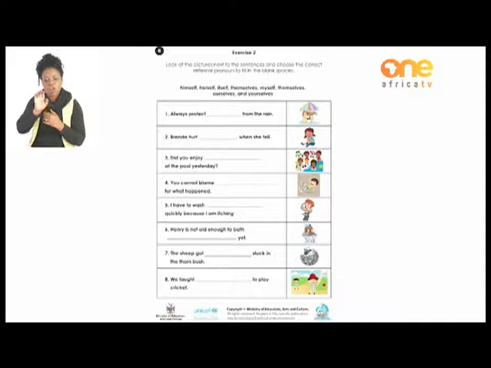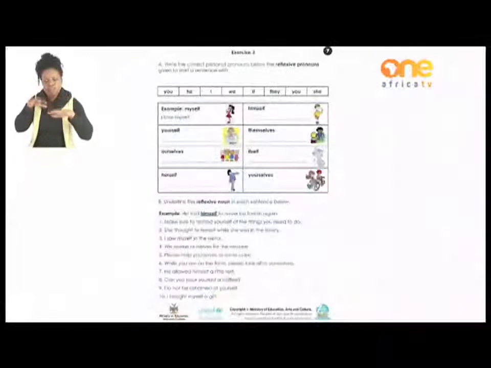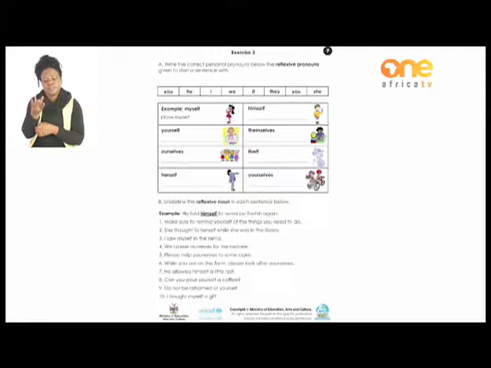That is number 1. Moving on to page 7. On page 7, the instruction says, write the correct personal pronouns below the reflexive pronouns given to start a sentence with. Okay? In the small box, you can see there are examples of personal pronouns.